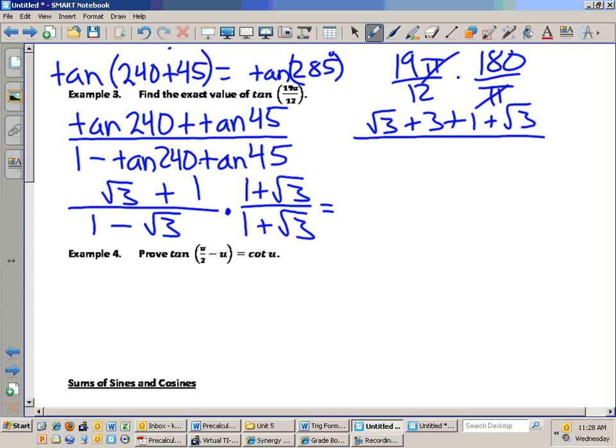Let's multiply out the bottom. 1 times 1. 1 times square root of 3. Negative square root of 3 times 1. And negative square root of 3 times square root of 3. How can you write the top?